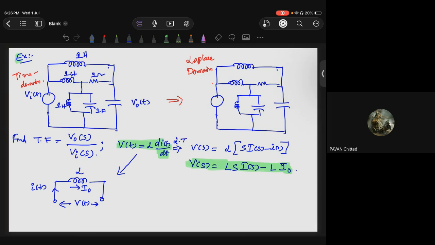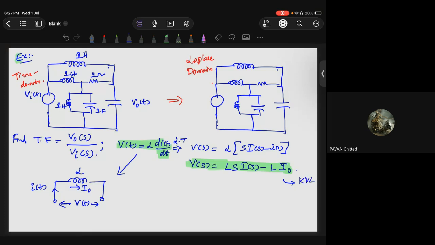In the middle we have an equals sign. What does this basically indicate? The left side is the sum of some voltages and the right side is the sum of some voltages. What is this basically? The left side has the algebraic sum of voltages, and the right side has the algebraic sum of voltages.